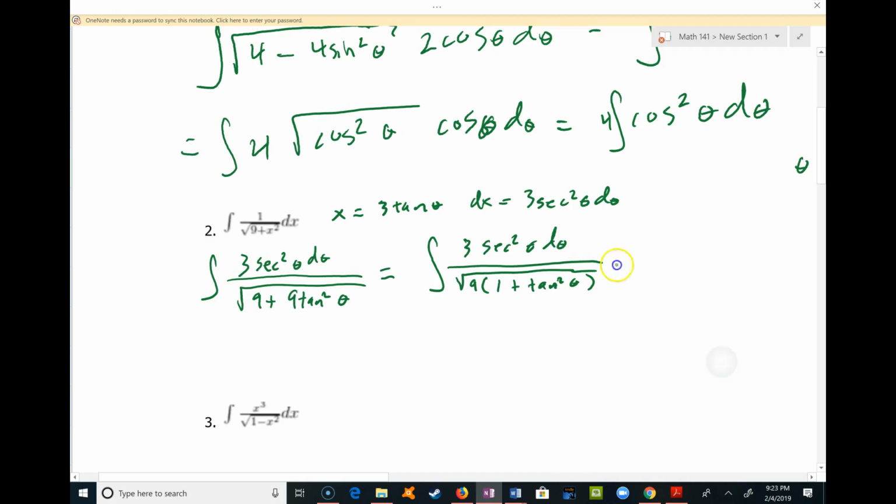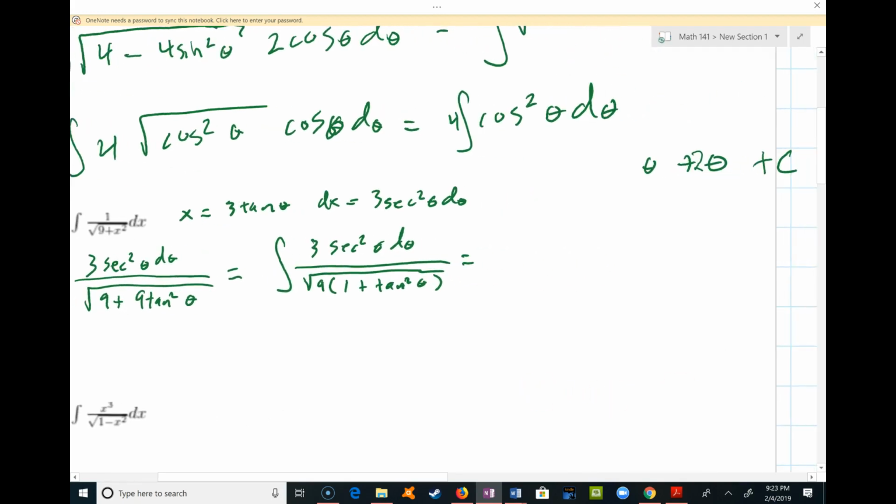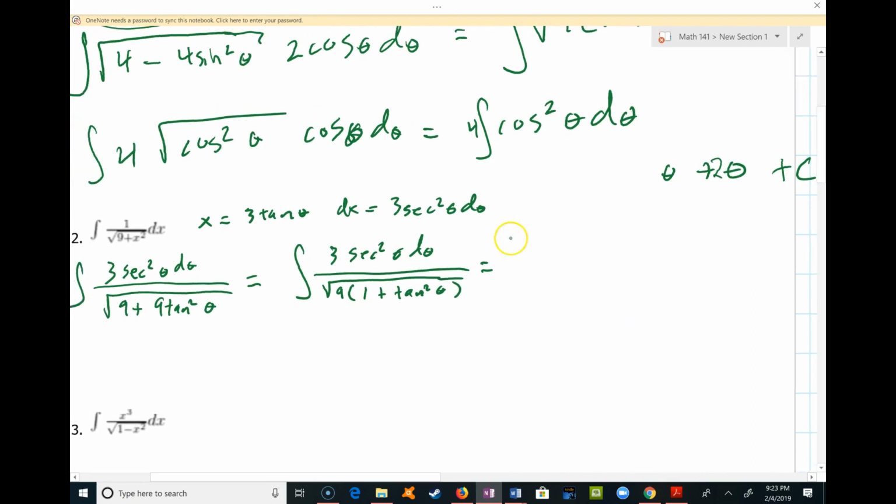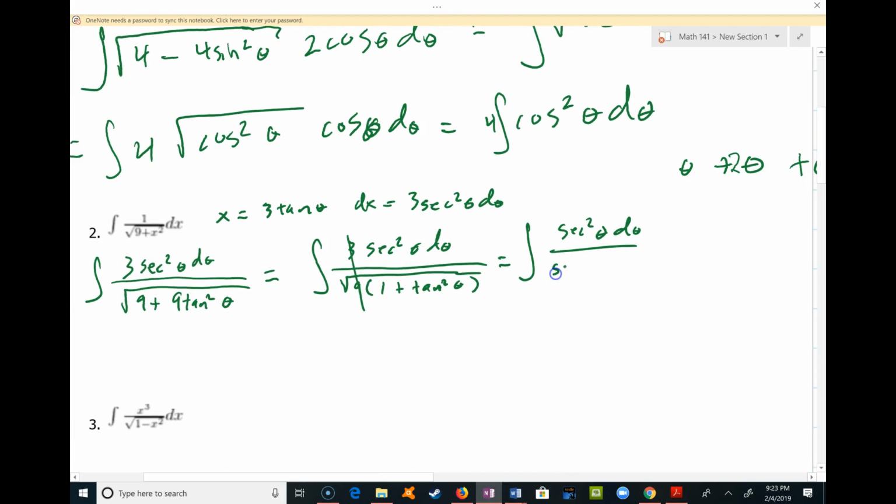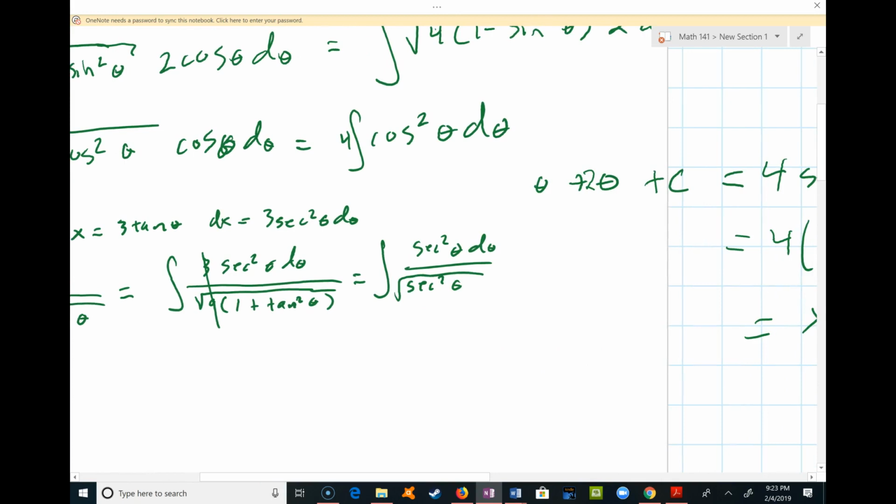If you know your trig identities, you know that 1 plus tangent squared theta is secant squared theta. And the square root of 9 is 3, so those will cancel out. I'll be left with secant squared theta d theta on top, and the square root of secant squared theta on the bottom. That square root is just going to be a secant, so we end up in the end with the integral of secant theta d theta.